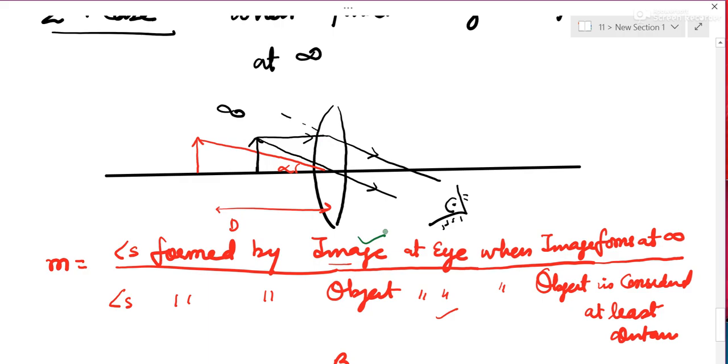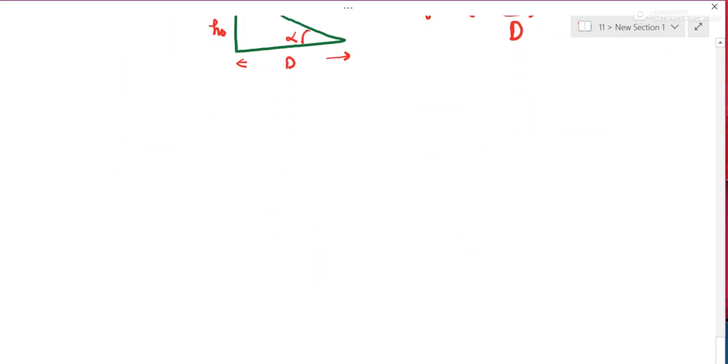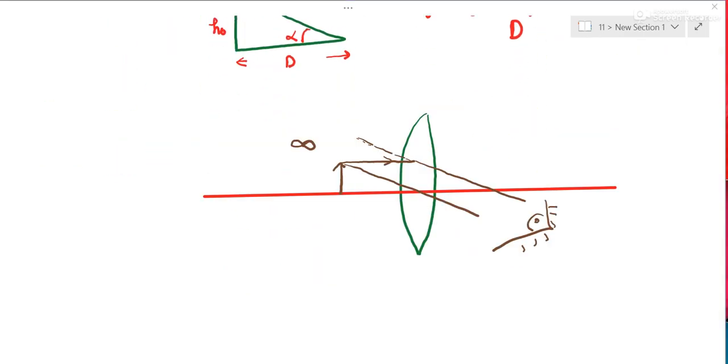Now by the image, when the image is formed at infinity, this is beta. Let us show beta once again. It is the angle formed by the image, and the image is at infinity. So this is your beta angle at the eye. Tangent beta can be written as perpendicular by base.